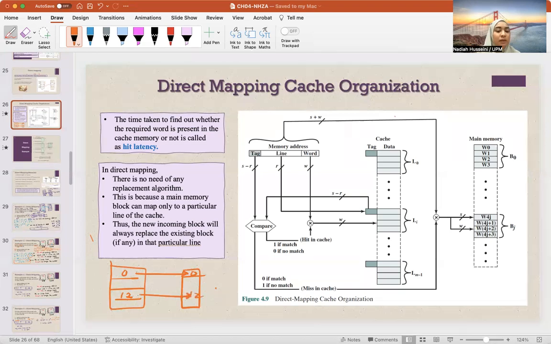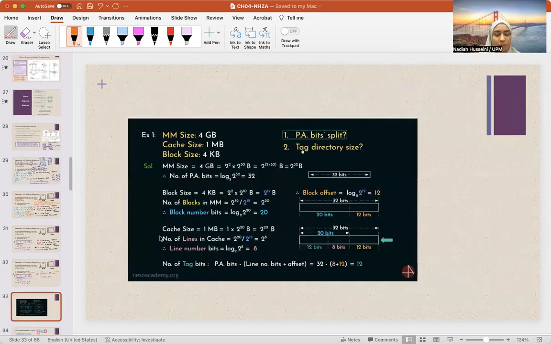It's straightforward. An algorithm is needed if it is complicated. If it's not complicated, there's no need for an algorithm. So direct mapping is very straightforward. Therefore, there is no need for the replacement algorithm. Just use the equation to find out which cache line the memory will go to. Thus the new incoming block will always replace the existing block in that particular line based on the equation. Okay, so that is direct mapping.